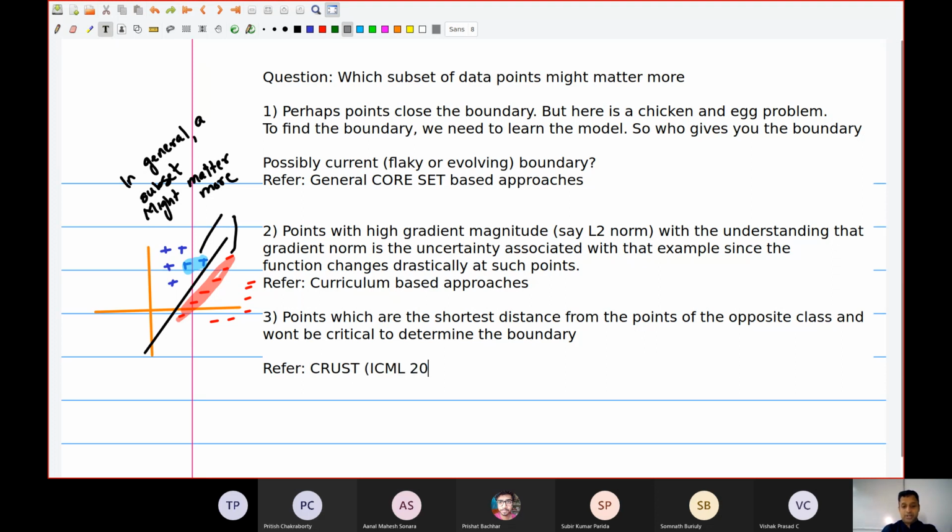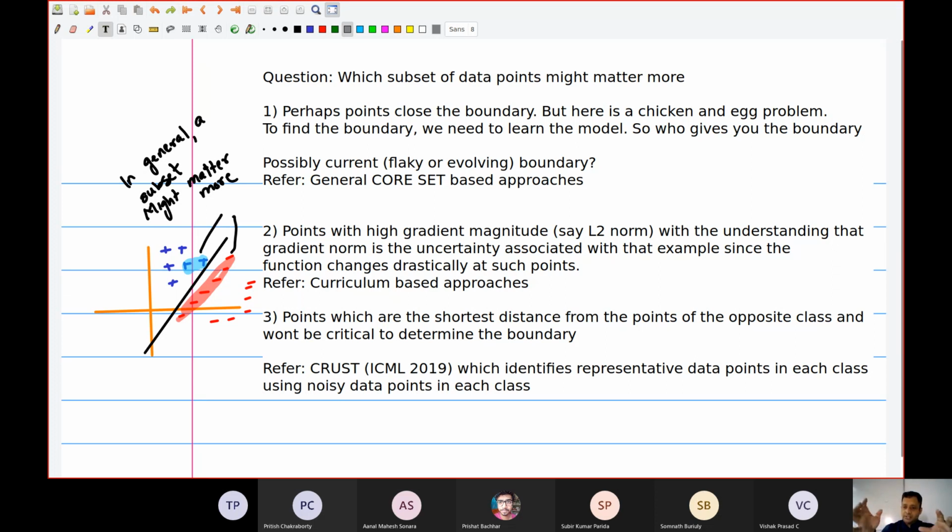I don't remember, but 2019, which identifies noisy data points in each class, or rather identifies representative data points. What it does is it gets these representative data points using something called k-medoid clustering.